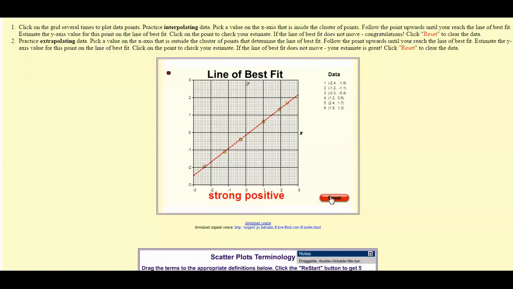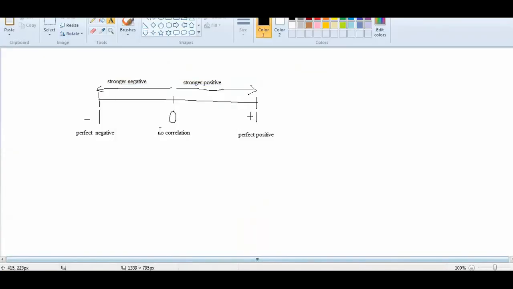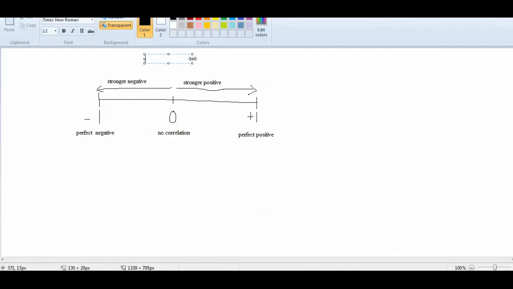And if the dots perfectly follow a line that's dropping like this, then it's a perfect negative correlation. So this would come out to a value of -1, which is a perfect negative correlation. And this value that I'm talking about that tells you how strong the correlation is called a correlation coefficient.